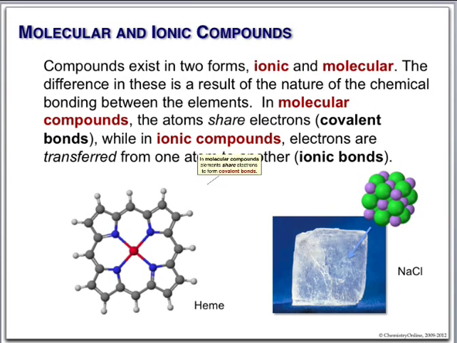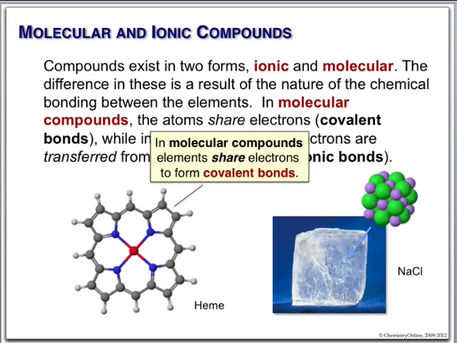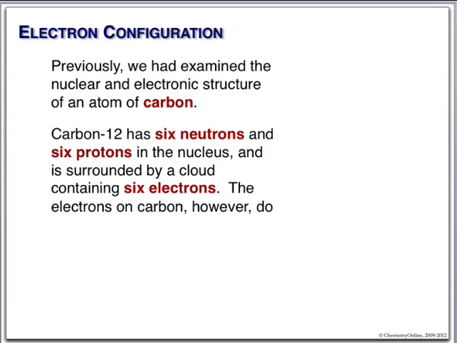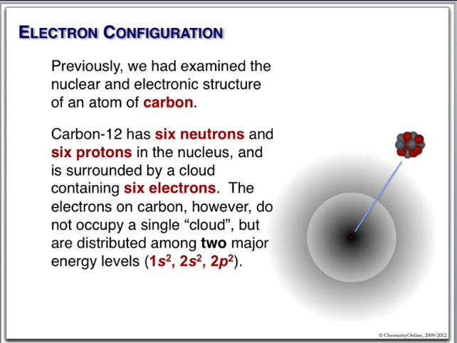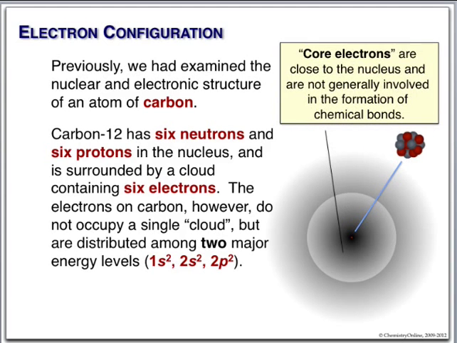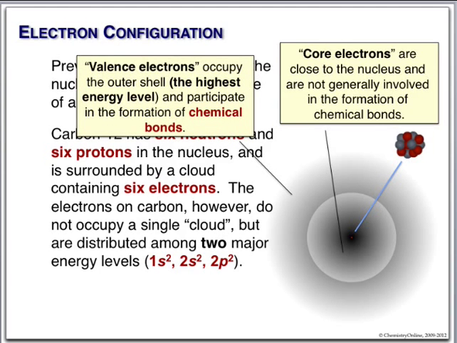Now, in all of this, covalent bonds we're sharing, and ionic bonds we're not. All of this is going to happen not with the core electrons, but with the valence electrons. Valence electrons, like I said, these are the guys that you use to make chemical bonds, both ionic and molecular.